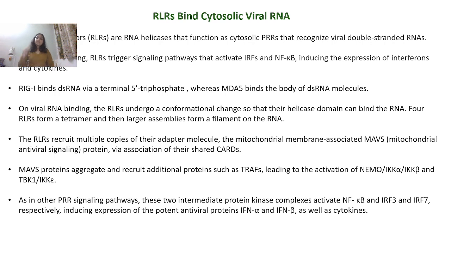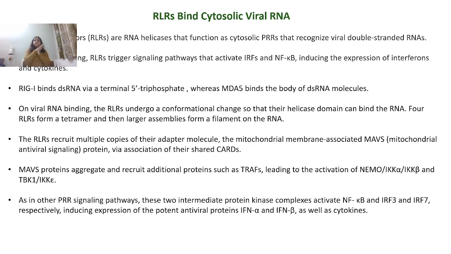So the adapter molecules, like MyD88 and TRIF in the case of TLRs, here are MAVS or IPS-1. These MAVS proteins again recruit other proteins like TRAFs, leading to the activation of NEMO, IKK alpha, IKK beta, TBK1, and IKK epsilon.